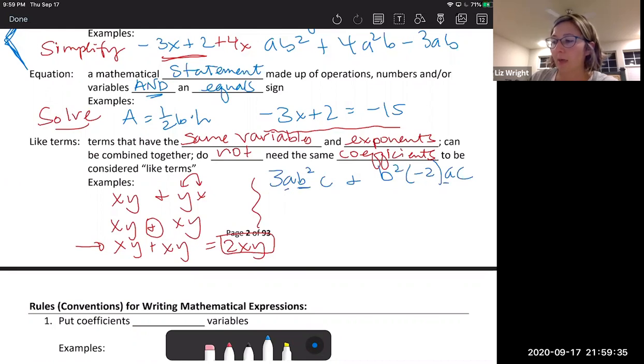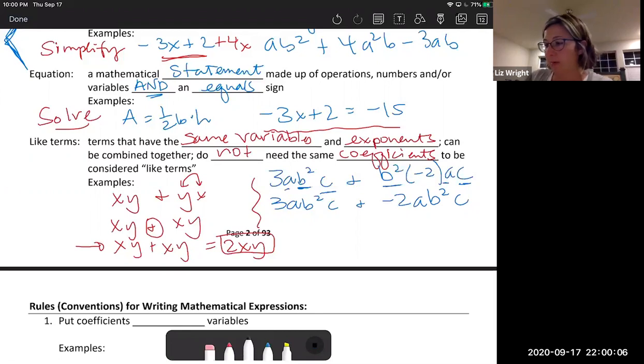Is there a b squared in both of them? Yes. Is there a c to the first power in both of them? Yes. And the coefficients don't matter. So if I was asking the question, could these be considered like terms? Yes, they can. And you can even rewrite the one on the right so that it's in alpha descending order is what that's called. So you put the number up front, the coefficient, and then you put the variables in alphabetical descending order.